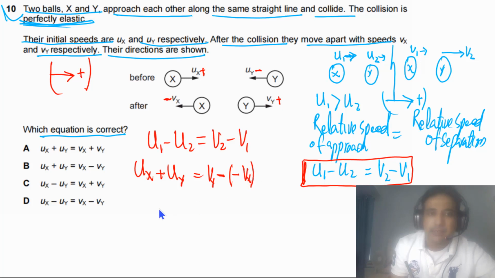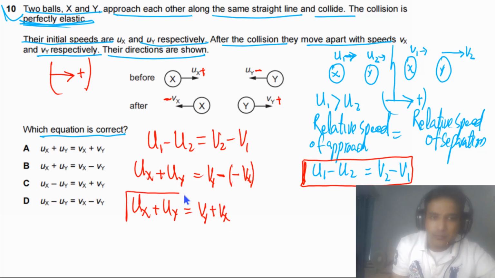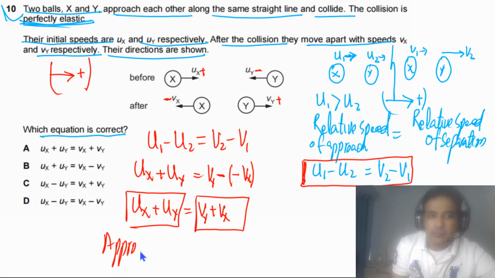So finally you will get ux plus uy is equal to vy plus vx. So this is the relative speed of approach, and this is the relative speed of separation.